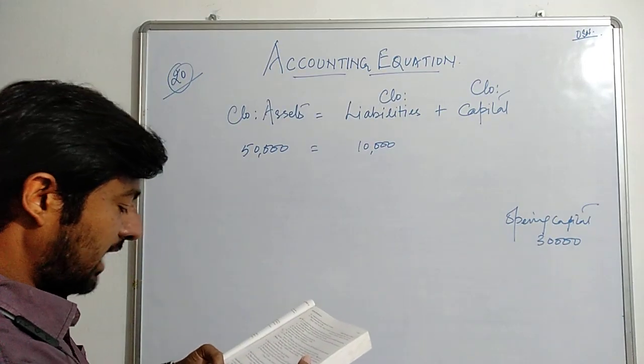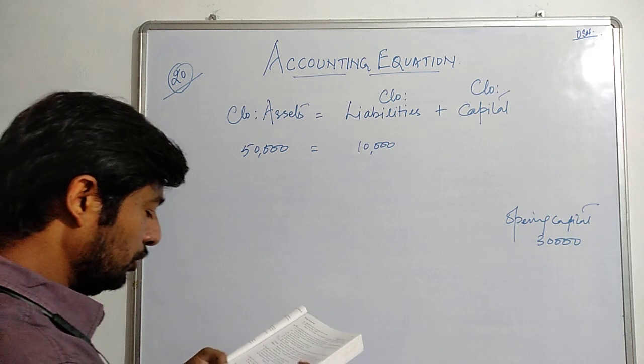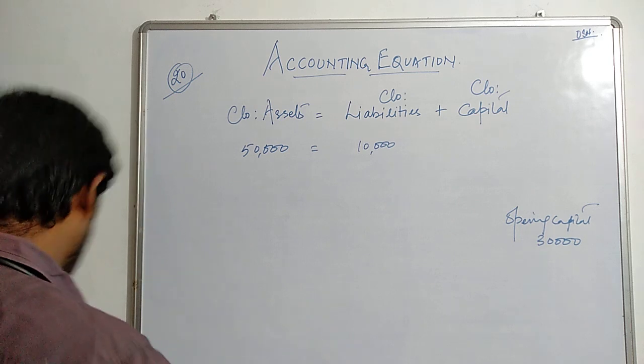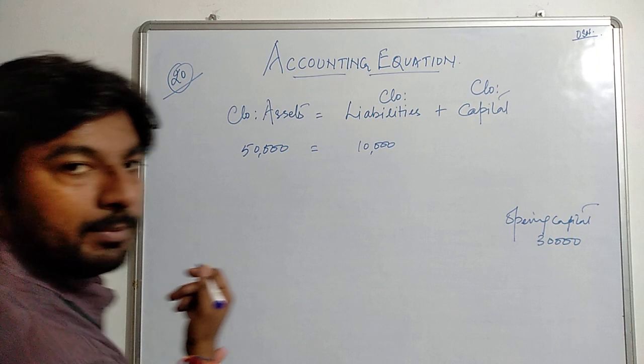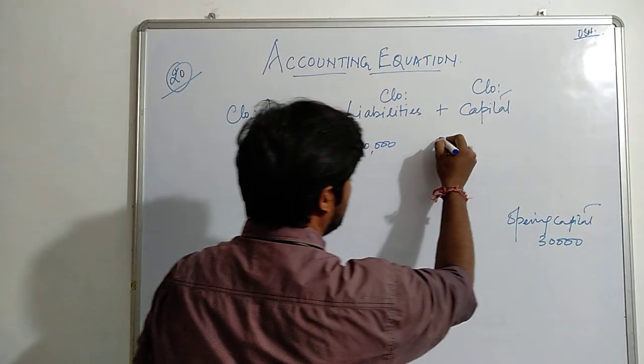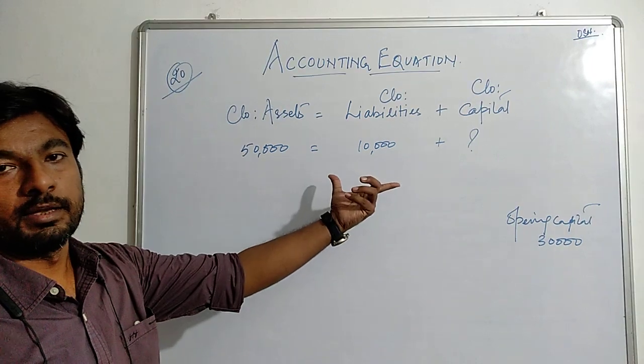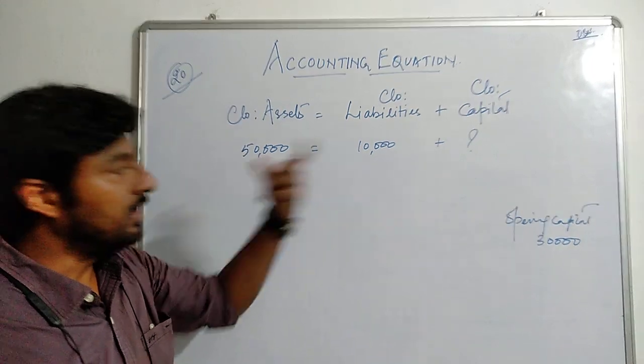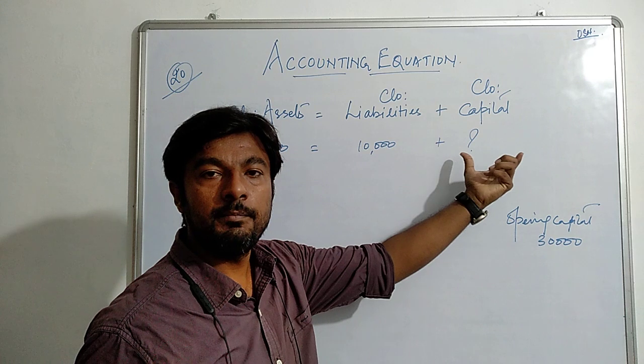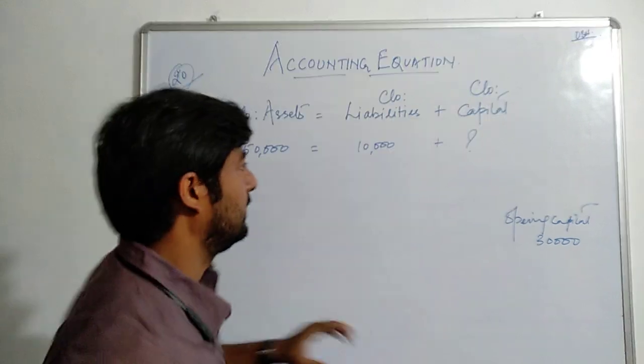Find out his closing capital and profit earned during the year. We have to find the closing capital and profit. Now you tell me, if out of 3, 2 you are having, are you in a position to find the third item? Yes.